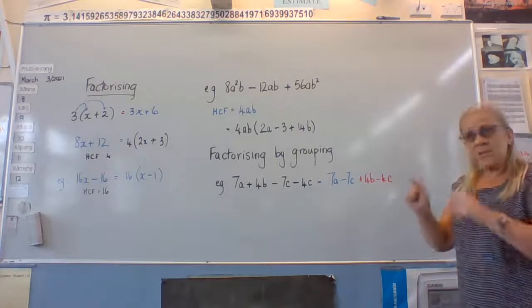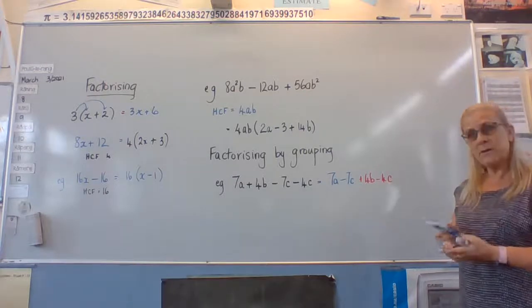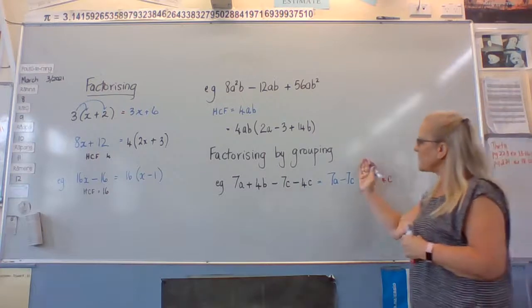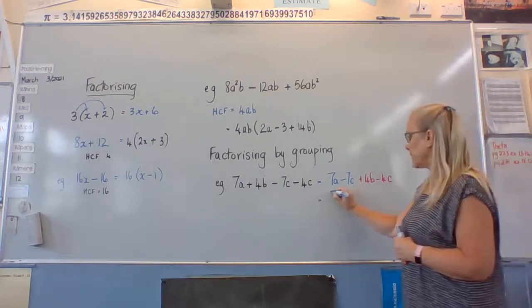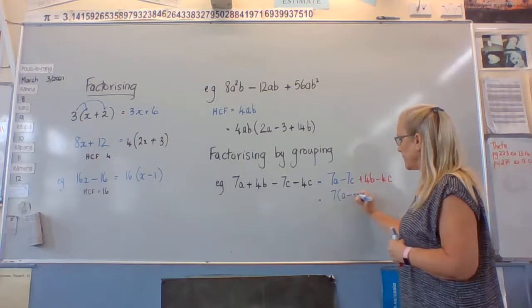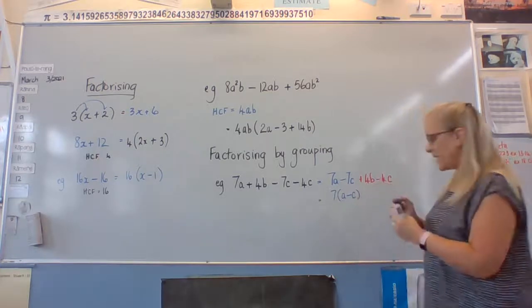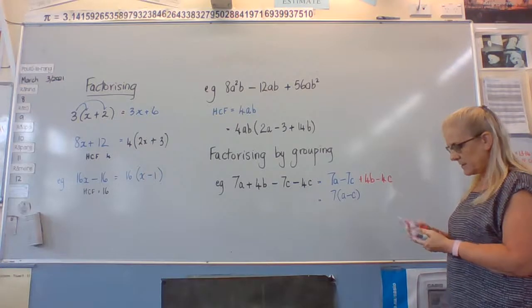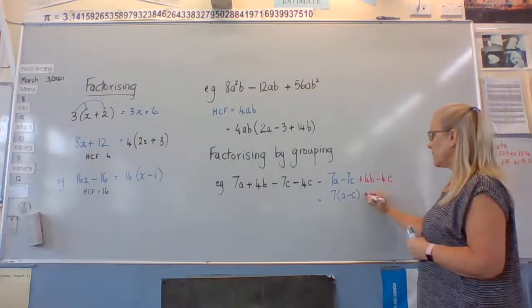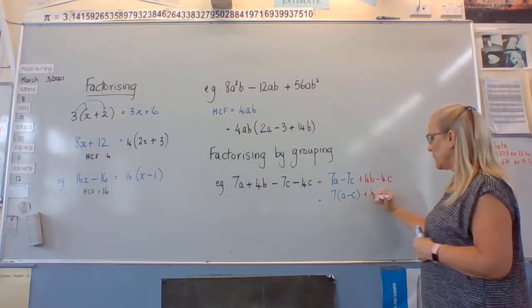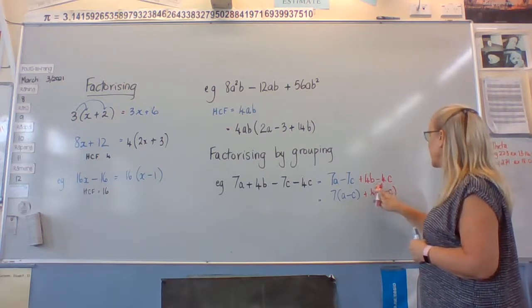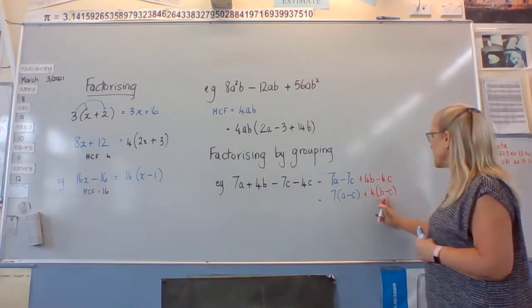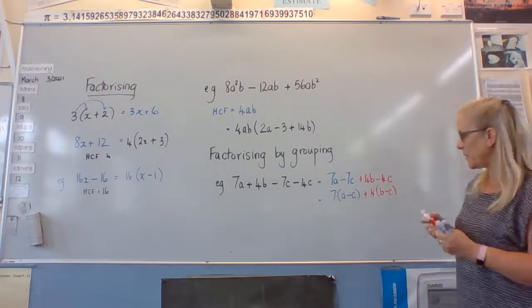And I'm going to treat them as two little problems. So when I factorise this one, I'll get what? And when I factorise this one, I'll get 4 bracket B plus C. Okay, well, I didn't quite think about this hard enough because something hasn't happened, and I'm not going to change that one at the moment.